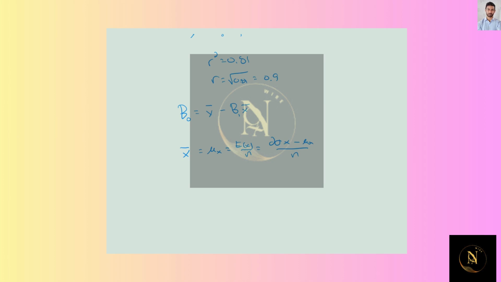And n is the sample size, obviously. We're given that n is 300 and p is 0.4, so the population mean of x is n times p, so that's 0.4 times 25,000, which is 10,000.